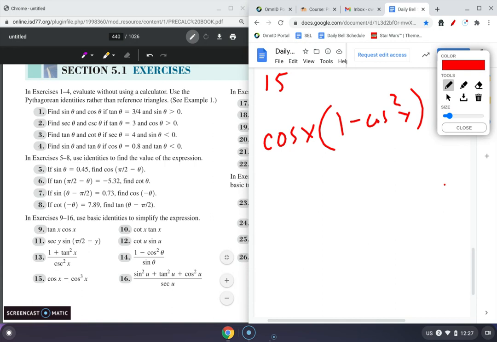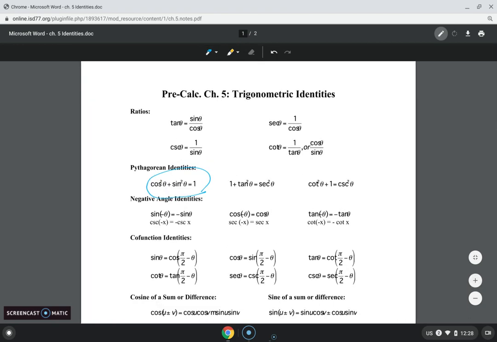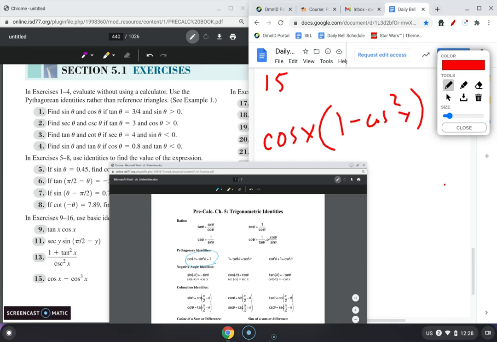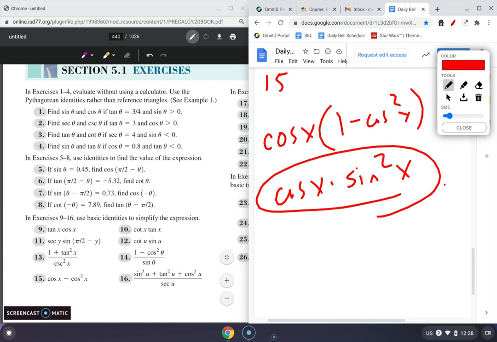Then we see over here on our right there, those can be rewritten any way that you want. So 1 minus cosine squared would be the same thing as sine squared. So I have cosine x times sine squared x, and I have that in terms of sine and cosine. That's as far as I can go for number 15.